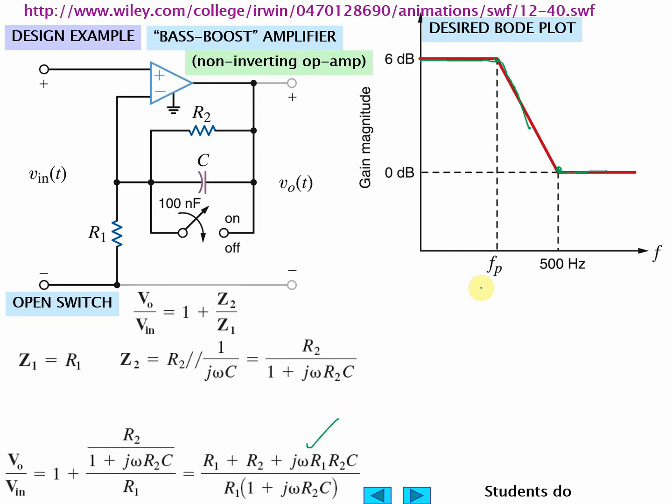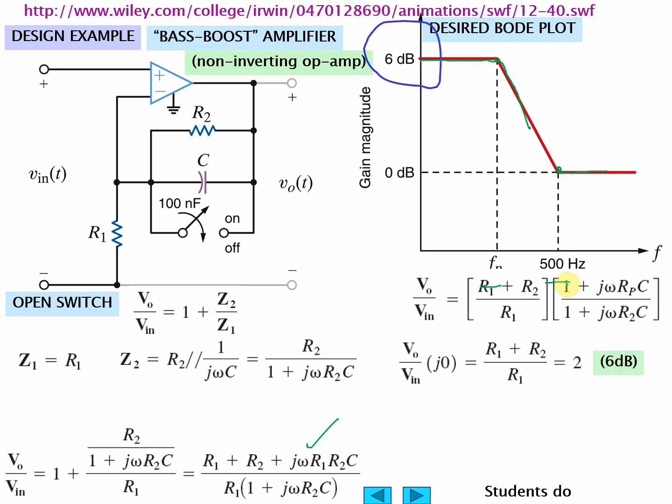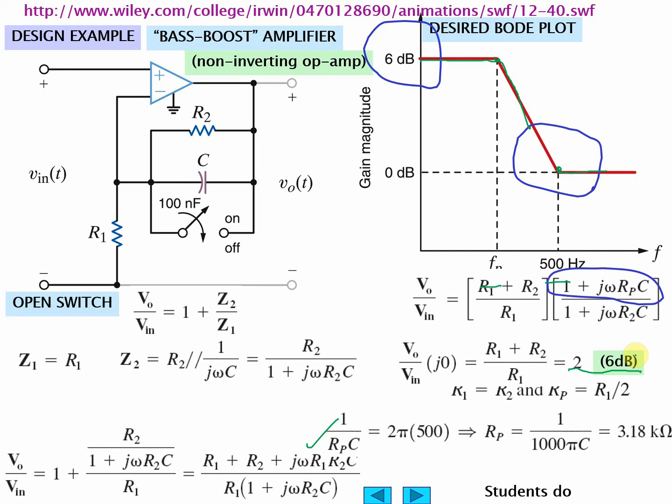And you design the poles and the zeros at these frequencies. So now you have a bass booster when you flip the switch on. 6 dBs is a factor of 2. And now you can calculate everything out.